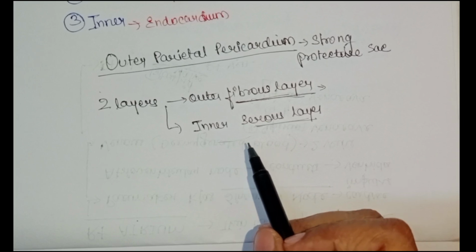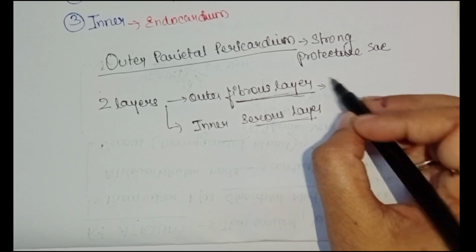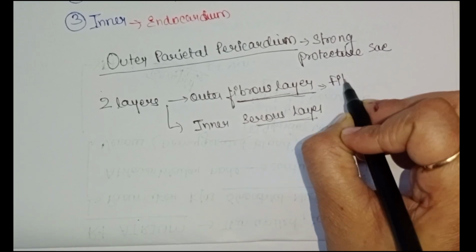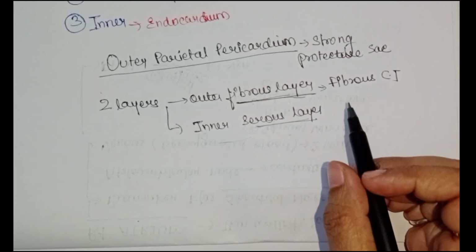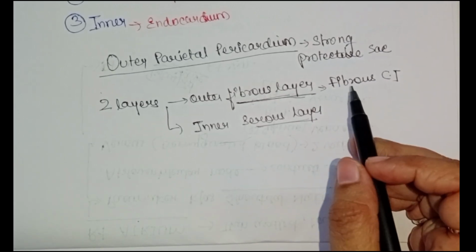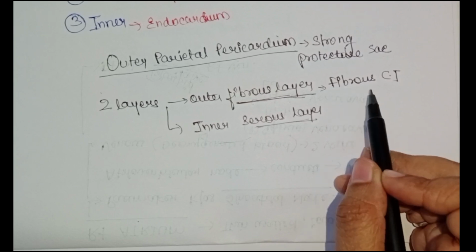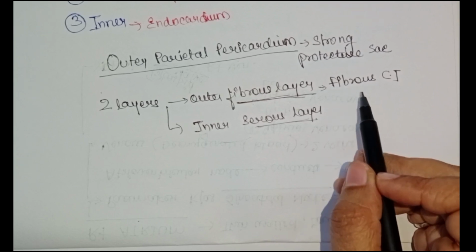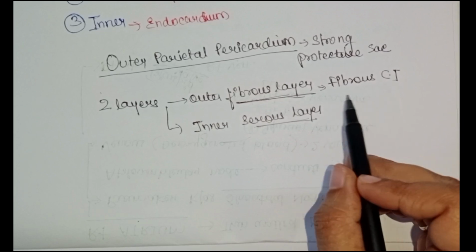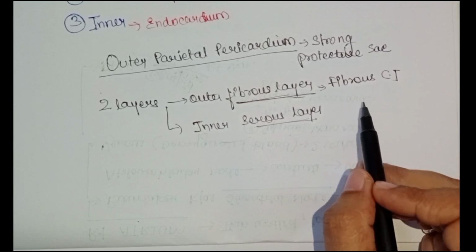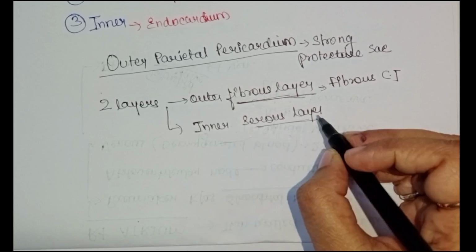So the outer fibrous layer is formed by a thick fibrous connective tissue, and it is attached to the diaphragm below and continues with the tunica adventitia of the blood vessels entering and leaving the heart. Because of the fibrous nature, it protects the heart from overstretching.